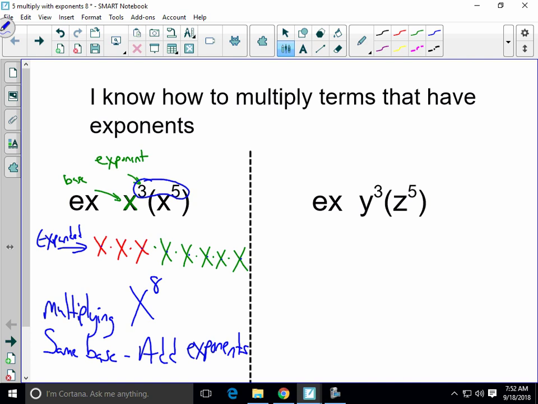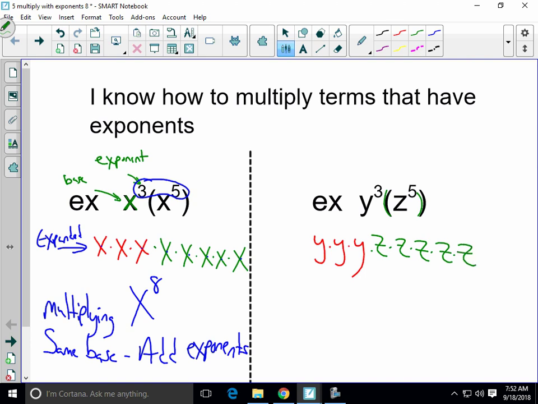Let's look at the other example that I made up. Again, you don't have this one, but we're just seeing the idea behind what you're going to be doing today. If I expand this one, y to the third is y times y times y, times, these parentheses also mean times, z to the fifth. So I'm going to have z multiplied by itself 5 times.